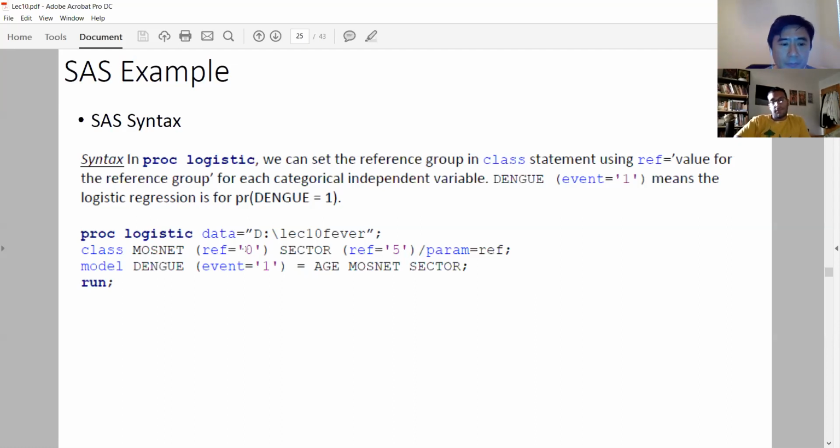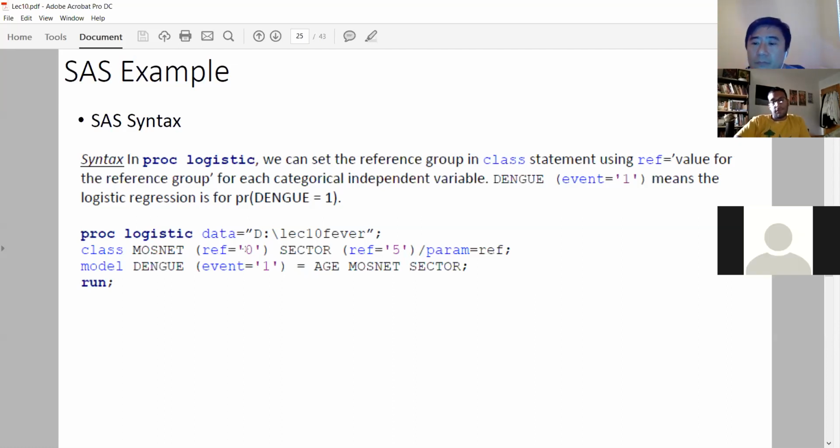Wait, I have a question about what you just said. If we put male, which is 1, as the reference group, would SAS be making females 0 automatically? No. It will create a dummy variable, but you cannot see that dummy. It creates a dummy with male equal to 0 and female equal to 1, and uses 0 as the reference. That won't affect what we plug into the function.